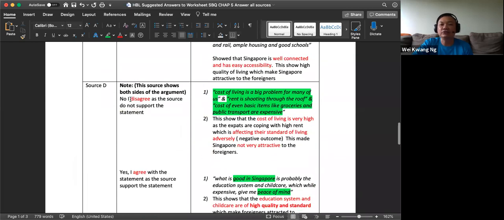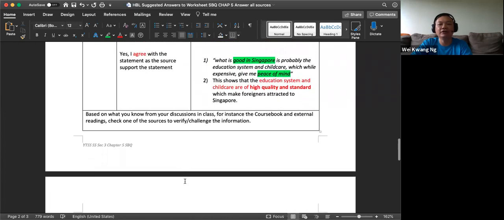For D, you can split it up into two paragraphs, one for the disagree and one for the agree. So you go source by source, one source, one paragraph. In the paragraph itself, you should have your perspective, your evidence, and finally your explanation.